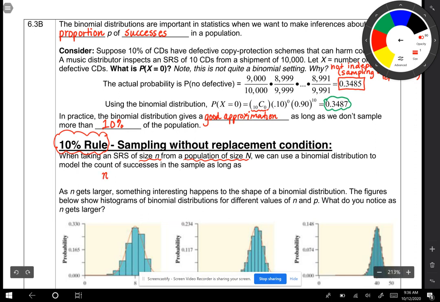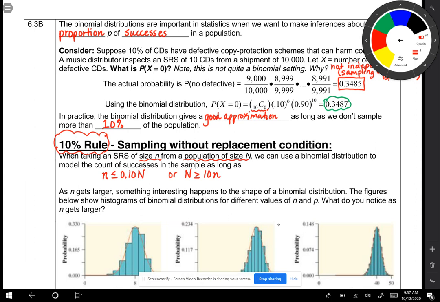So the sample size, lowercase n, is less than or equal to 10% of the population. So multiply the population times 0.10, and if n is less than or equal to that, that's okay. You could write this another way. The population would have to be greater than or equal to 10 times the sample. Whichever way, it means the same thing.